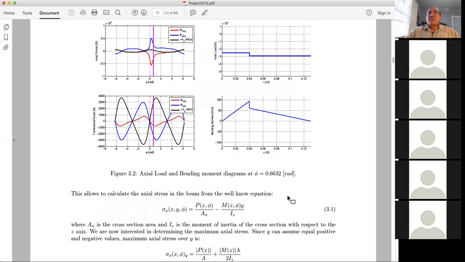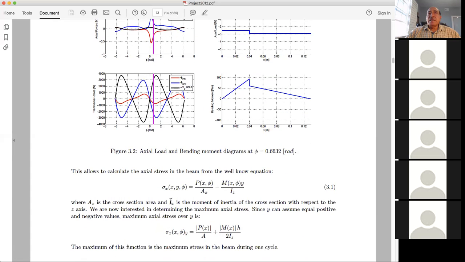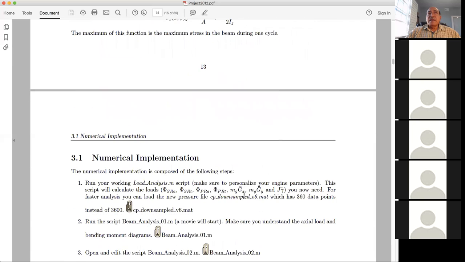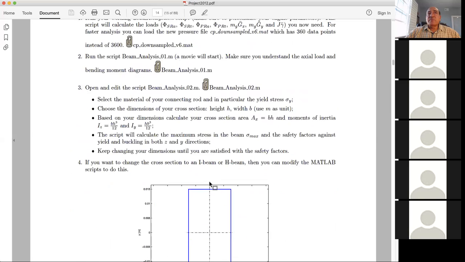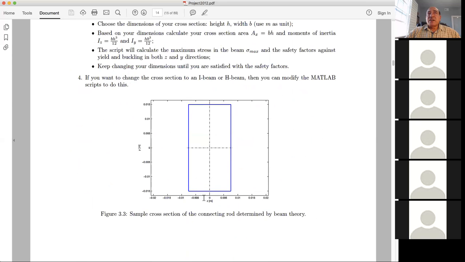And once we determine that, then we use the beam theory. The stress is axial stress, P over A, and bending stress, My over I. And that's kind of what we need. You have a numerical implementation here. So you're now looking at it as a rectangle for the beginning. You can do a rectangle, or you can do an I-beam at this point.